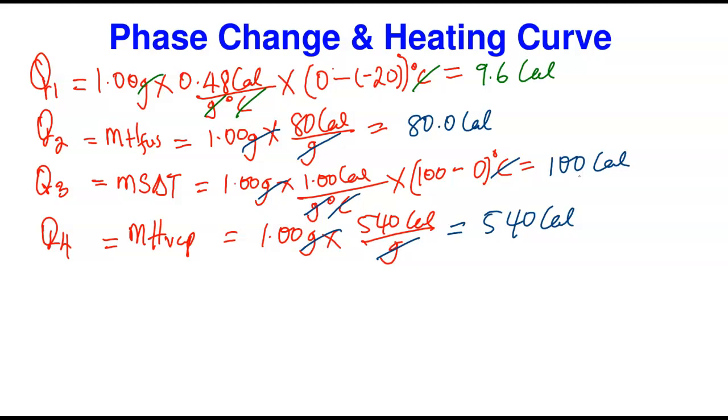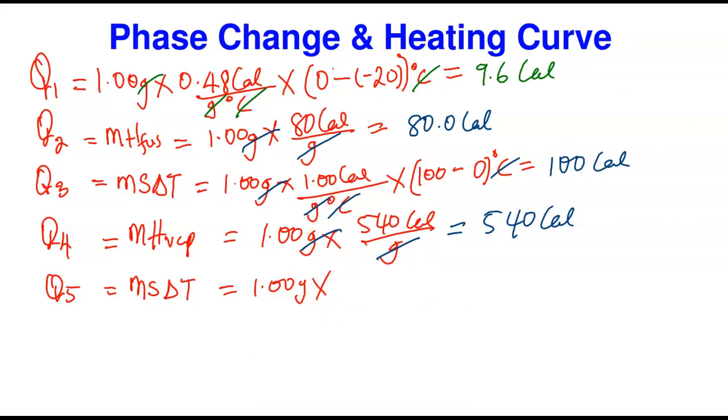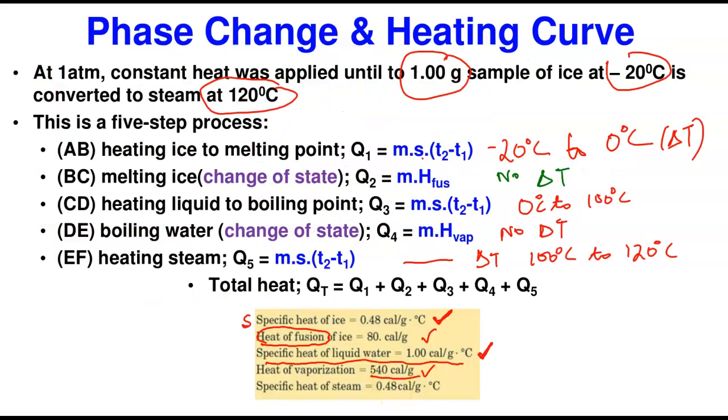Now, the last but not the least is going to be Q5. In Q5, you are heating steam at 100 degrees Celsius to 120 degrees Celsius. Again, there's a change of what? Temperature. So mass times specific heat times a change in temperature. So usually our mass is 1 gram. We're going to multiply it by the heat capacity of steam. If you look at it, it's 0.48, so we're going to put it there.